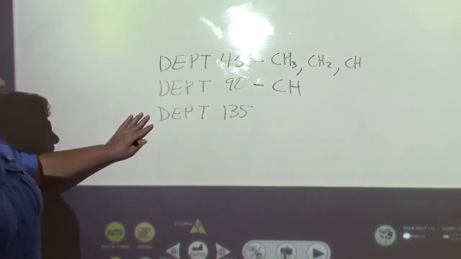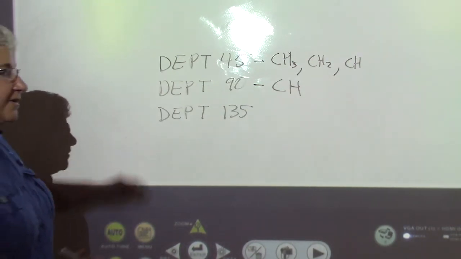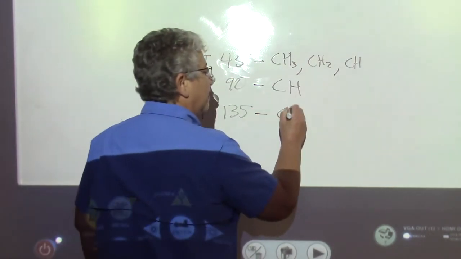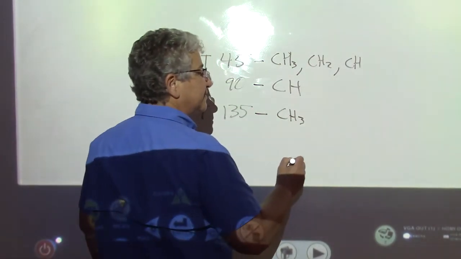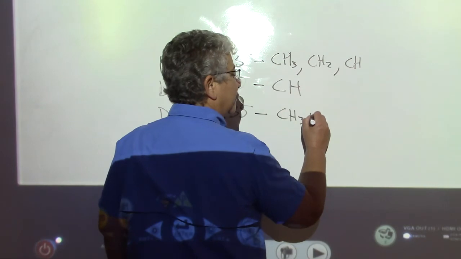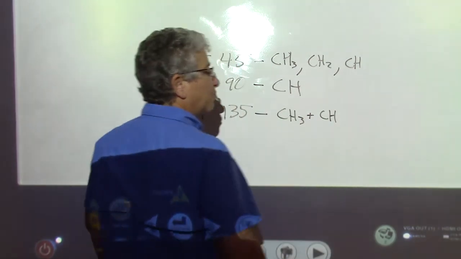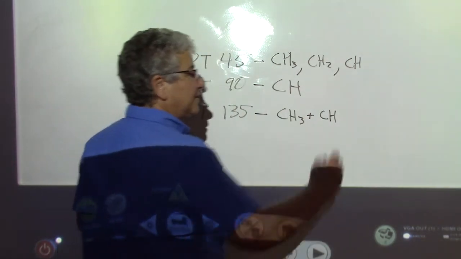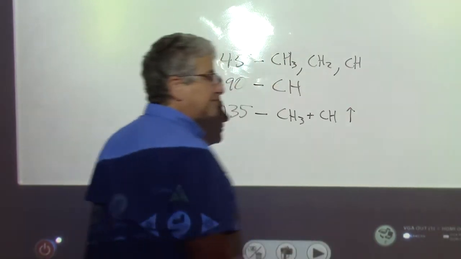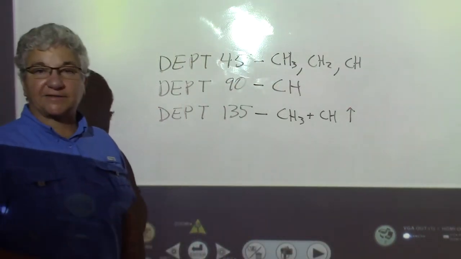And in a DEPT 135, you will see carbons with 3 hydrogens and carbons with 1 hydrogen pointed in the positive direction, pointed above the axis.